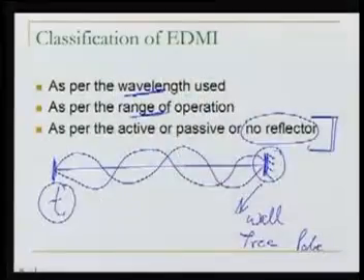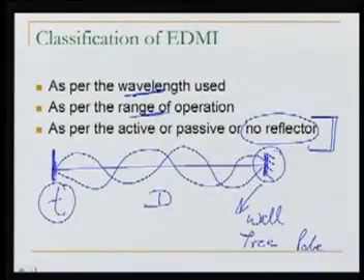So we make use of these kinds of EDMIs which do not use the reflectors, and this is true more when we are working in very short ranges. So without using any reflector, we can measure the distances because our natural objects are acting as the reflector.